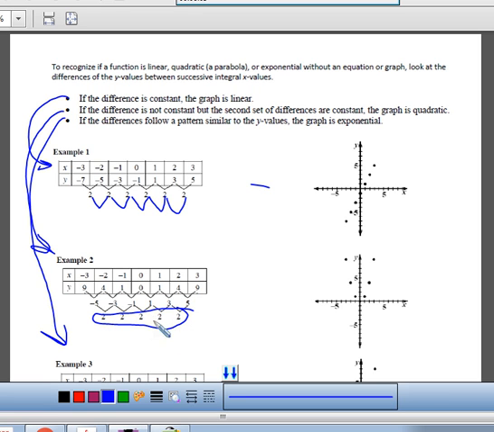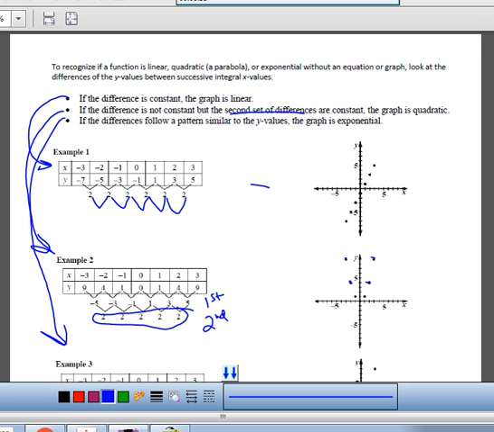But it isn't the first set of differences, it's the second. So here's the first set, and then the second set of differences is constant. Then that's a quadratic. In other words, that's how we have these points mirroring each other on either side of the axis of symmetry.